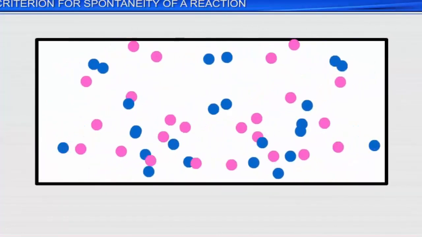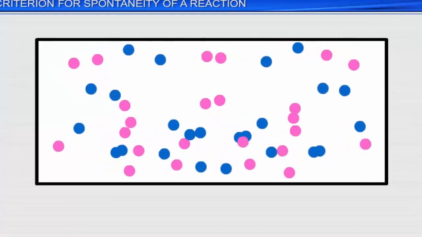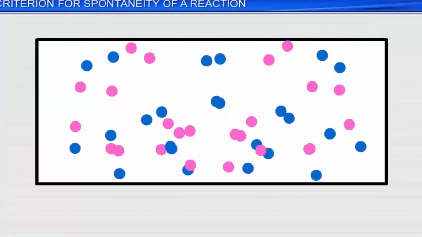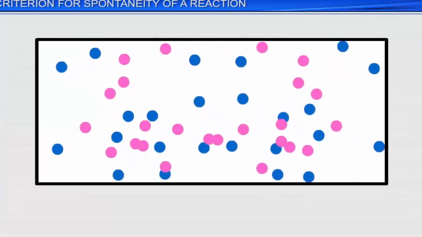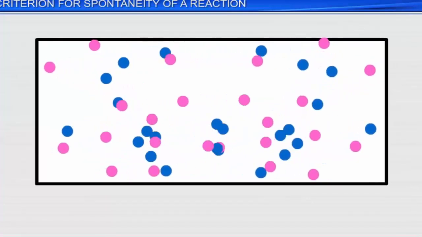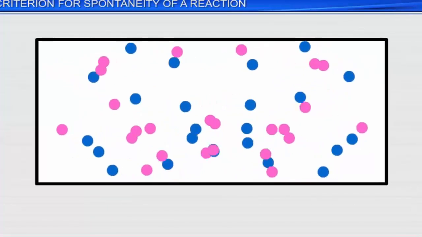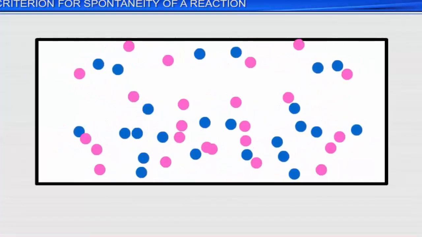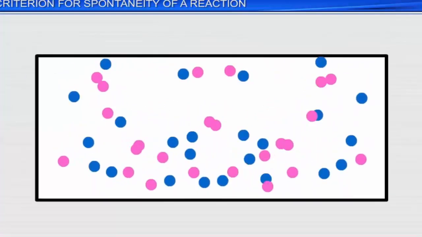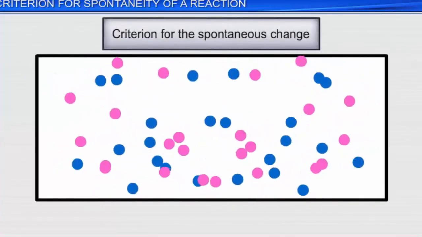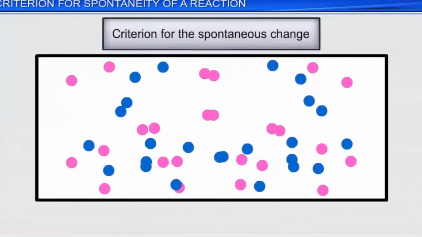At this point, the system is not organized, it is chaotic. In other words, randomness of the system has increased. Thus, we can conclude that the tendency of a system to acquire maximum randomness is another factor that is responsible for the spontaneity of a process.